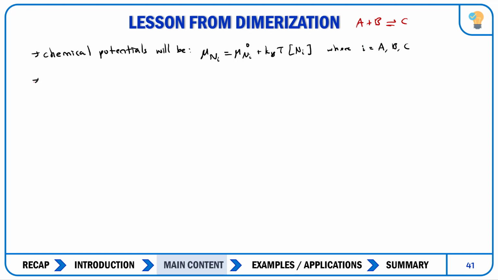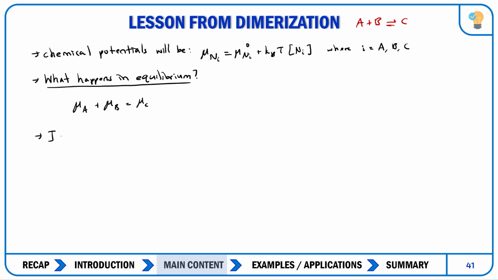So then looking at this dimerization, what happens in equilibrium? In equilibrium, you're going to end up with mu A plus mu B is equal to mu C. The chemical potential should be the same on both sides for the reactants and the products.